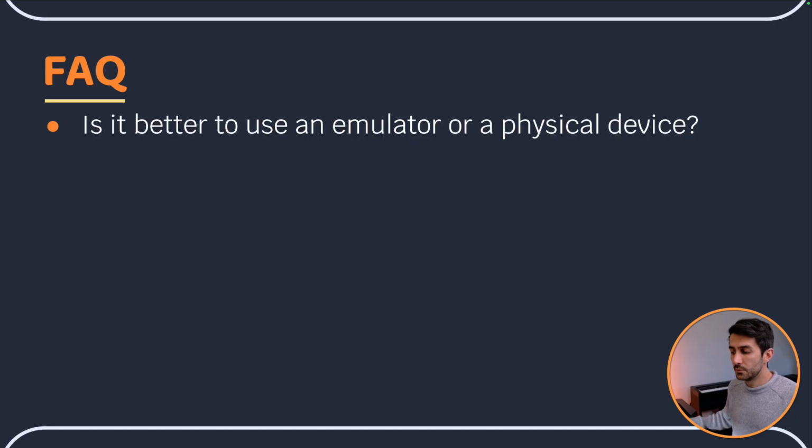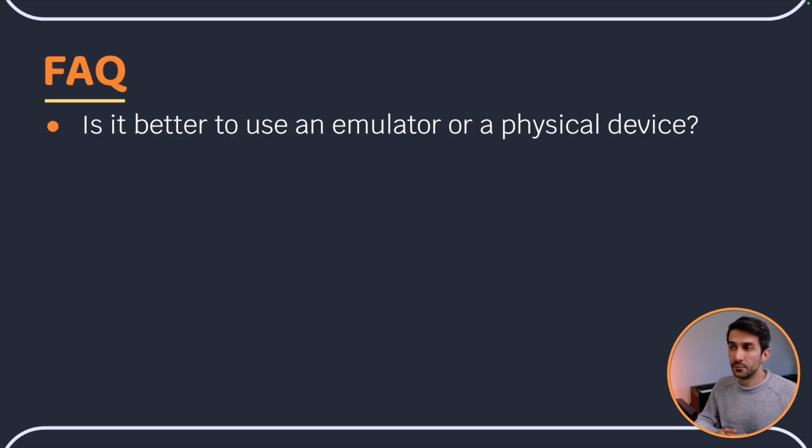So they have their own modified version of Android, and they behave slightly differently. So, for example, performance of your app might be a bit different on a Samsung or on a Xiaomi device than on the emulator. And also their UX is a bit different. So it's always more accurate if you test your app on the real device.